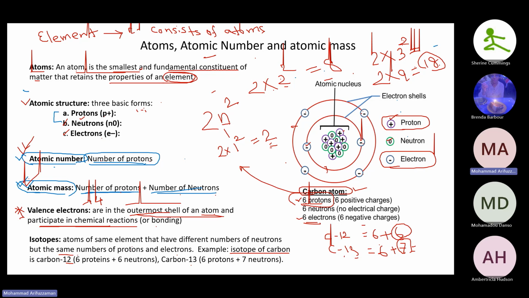For example, the isotope carbon 12 carries 6 protons and 6 neutrons, and C13 has 6 protons and 7 neutrons. You can see the same number of protons with different numbers of neutrons. That is an isotope.